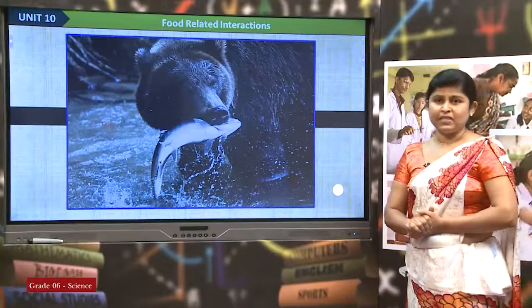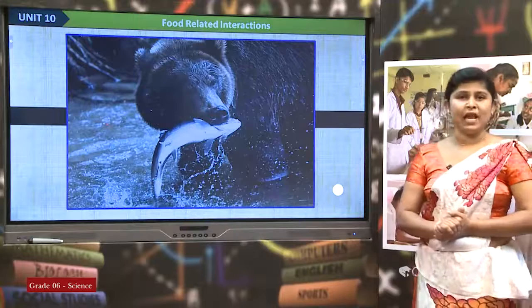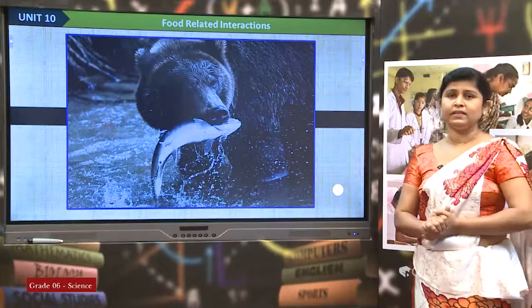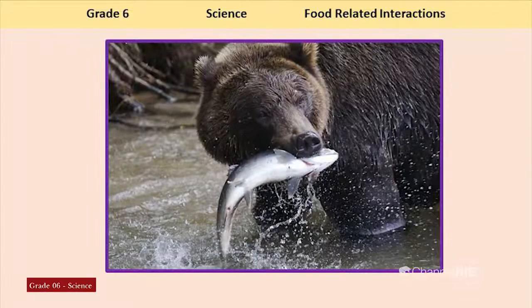Look at the fourth picture. What is the animal given on the screen? Yes, it is a bear. You can see it is having a fish, but in addition to flesh of other animals, the bear is taking berries, grains and plant material also.